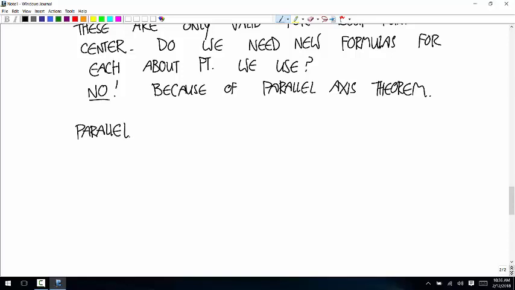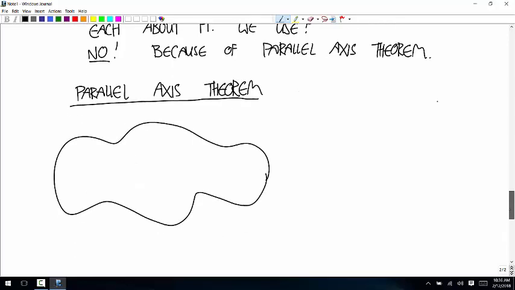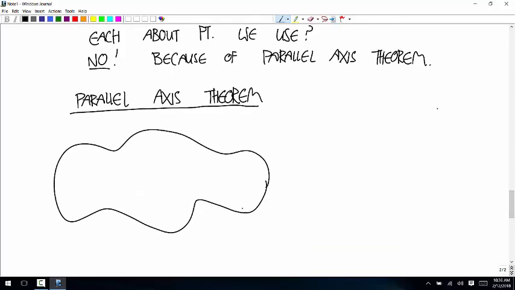Okay, so the parallel axis theorem says if you have some arbitrary object, and this is the center of mass, and you have an axis C that goes through the center of mass.